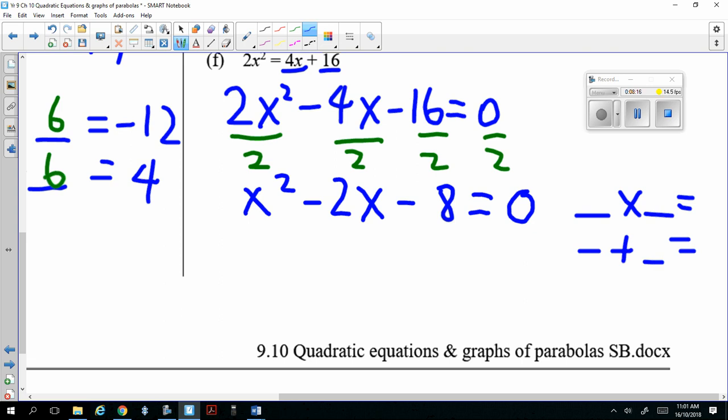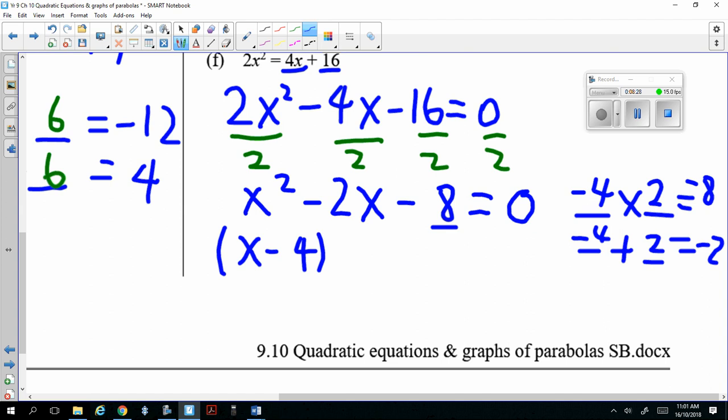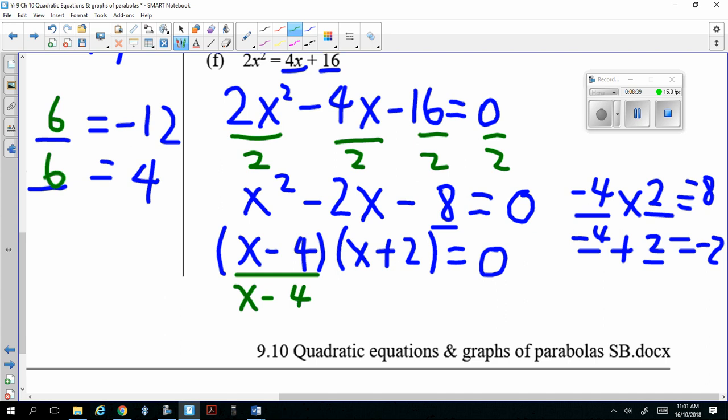Yes, minus 4 and positive 2 to get negative 8, and then minus 4 plus 2 gives you negative 2. All right, excellent. So you write x minus 4, x plus 2 equals to 0. Yep. And then you say x minus 4 is 0, or x plus 2 is 0.